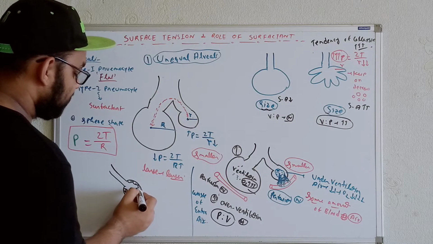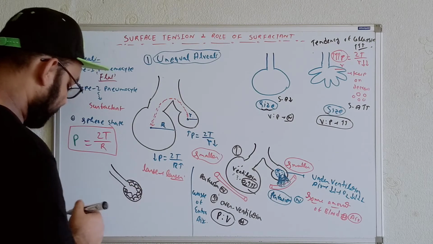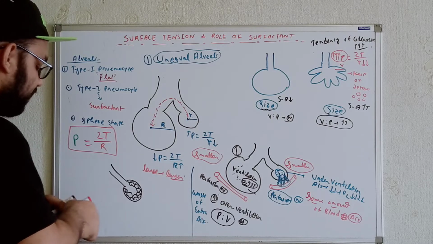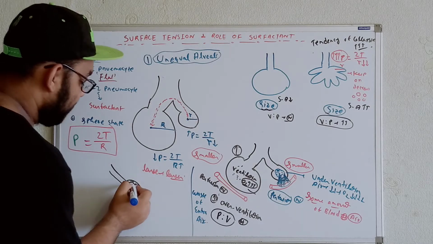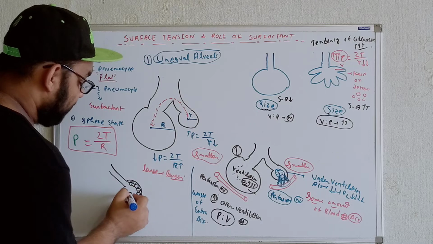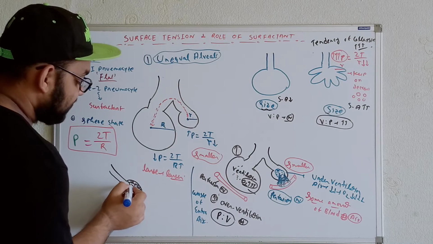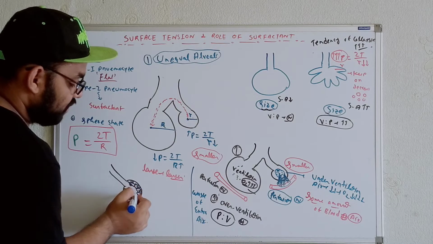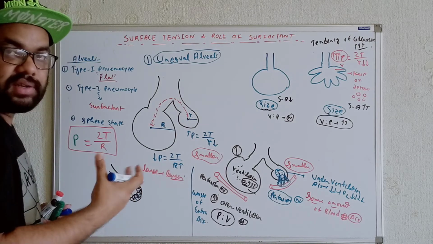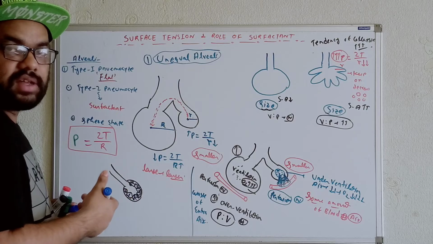Whatever water molecules are present over here are reducing the surface area. So we are getting the shrinkage of the surface area. These water molecules are coming inward. Whenever the water molecules come inward, the surface layer on the top will be less. As a result, we will see the shrinkage of the surface area.